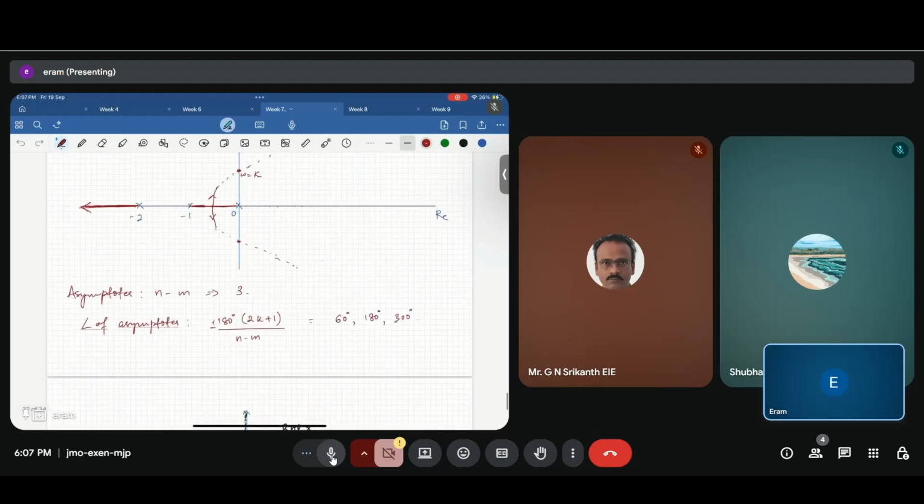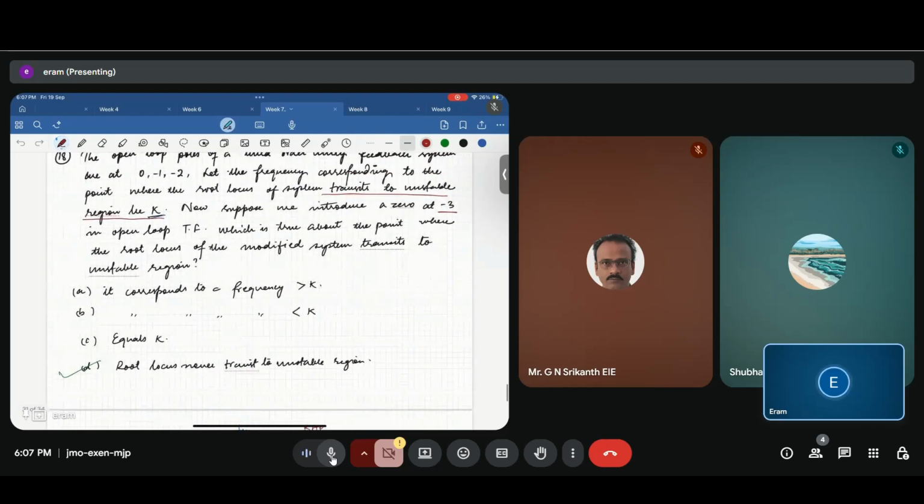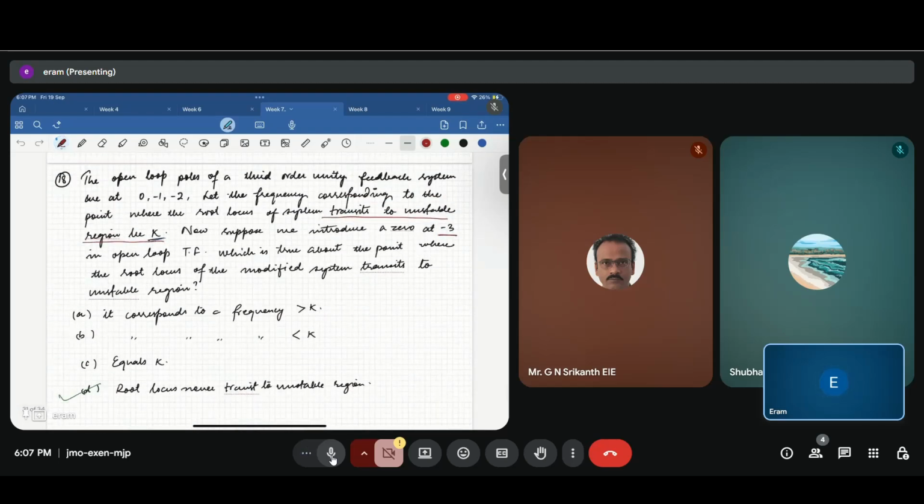Okay, in the last session, we solved this problem where we were given open loop poles at the location 0, -1 and -2.